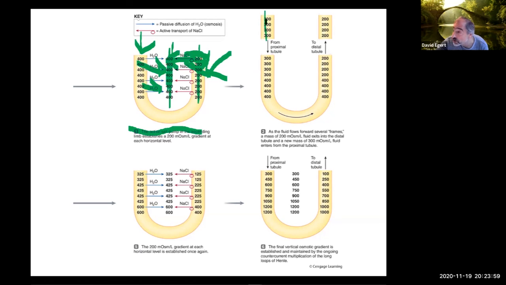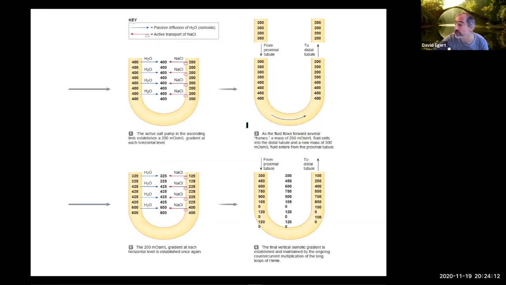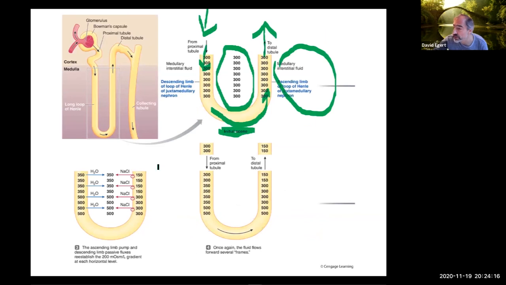So now things flow. Fresh 300 milliosmolar fluid comes down from the top. This 400 is now starting to go up the other side. That 400 here is now 300 in here and 500 out here.